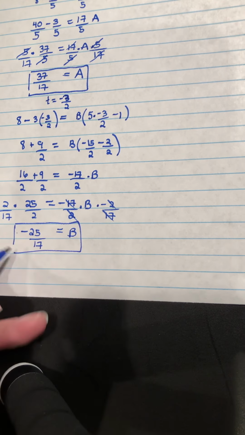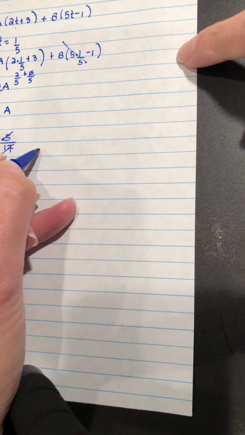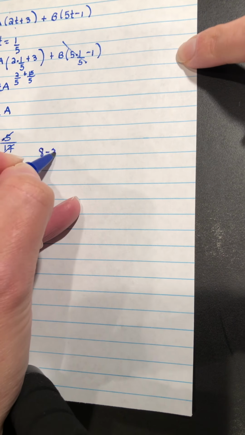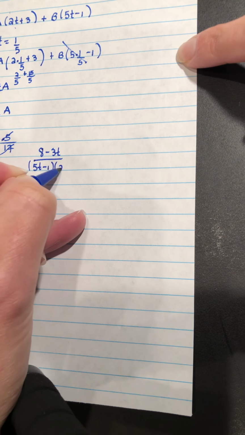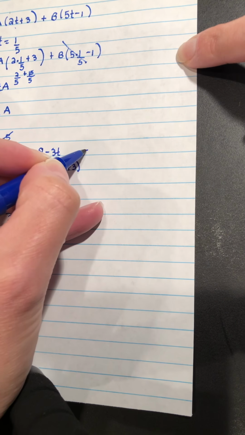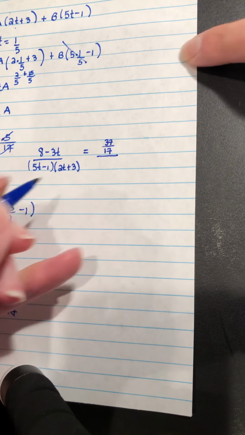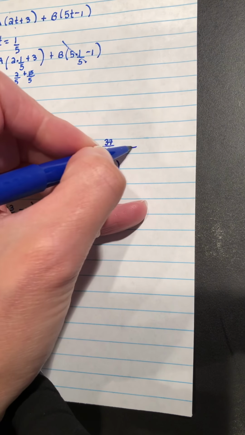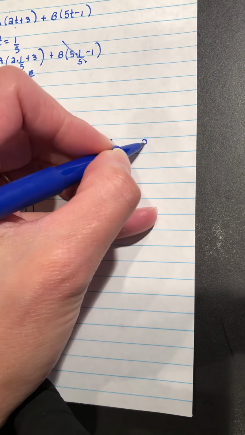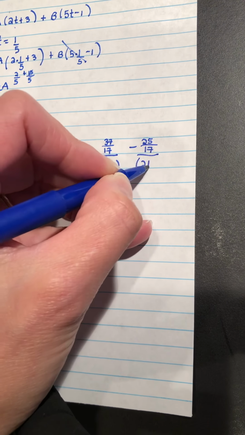So we now know the values for A and B, and we can finally state that in our original problem, 8 minus 3t over 5t minus 1 times 2t plus 3 equals 37 over 17 over 5t minus 1 minus 25 over 17 over 2t plus 3.